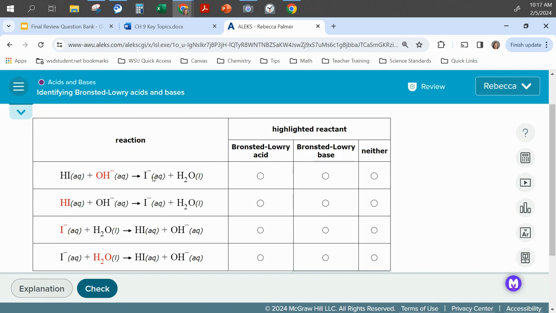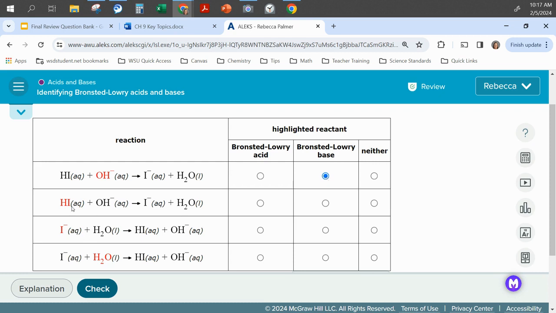Now it doesn't have a proton. It wants us to look at this red piece, the highlighted reactant. What happens here? Well, it had OH, and now it's H2O. So it's the base. It accepted the H+. You see that? So this is the Bronsted-Lowry base. It accepted the proton.